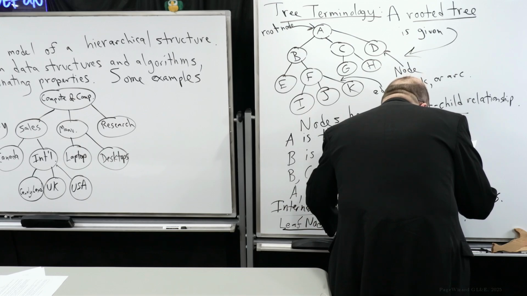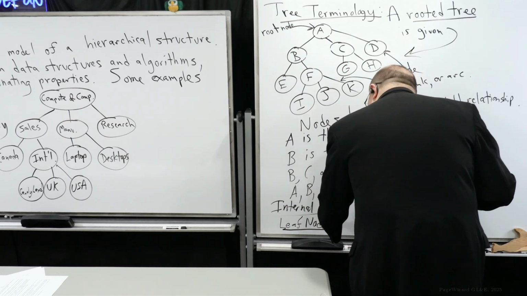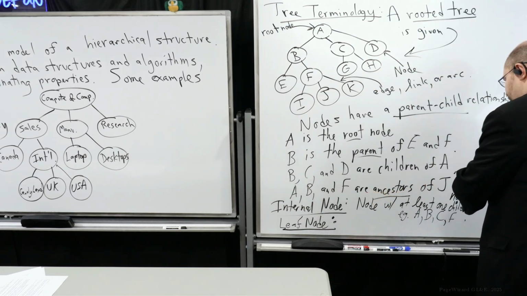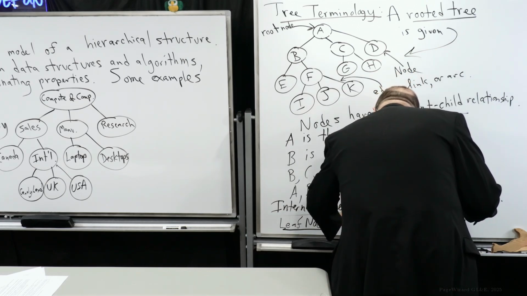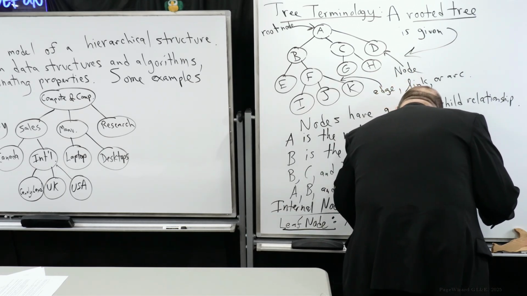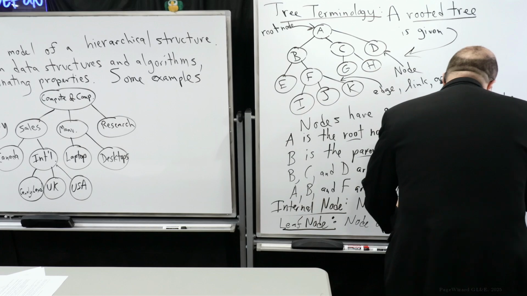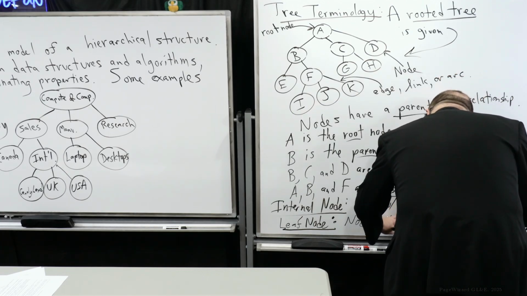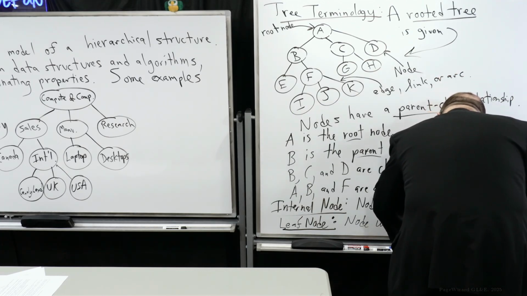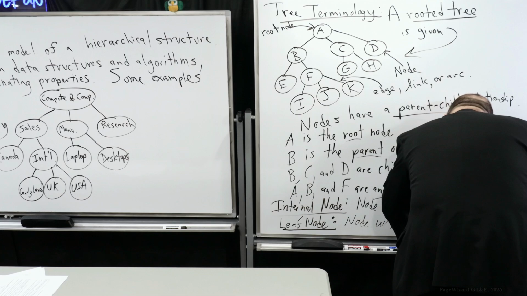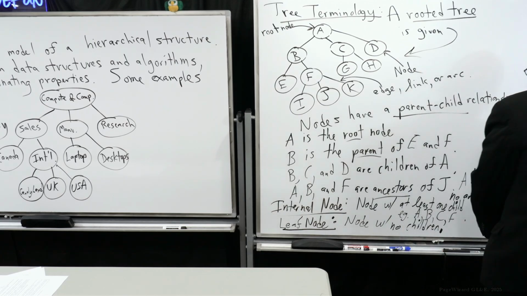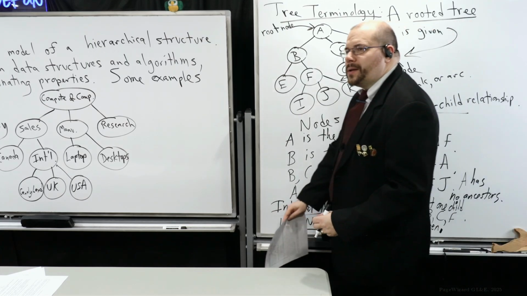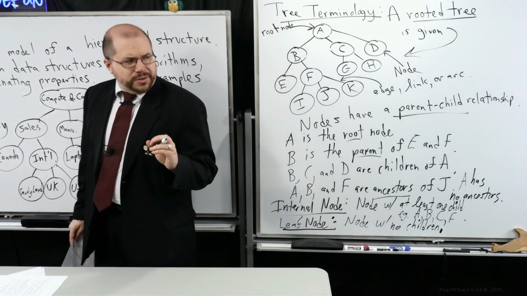So what is this? Well, if an internal node is one with at least one child, then this most certainly has to be a node with no children.